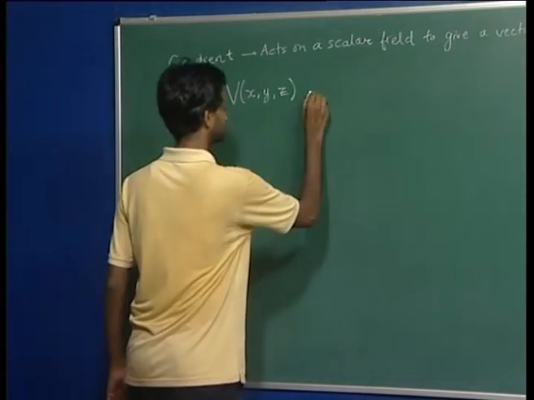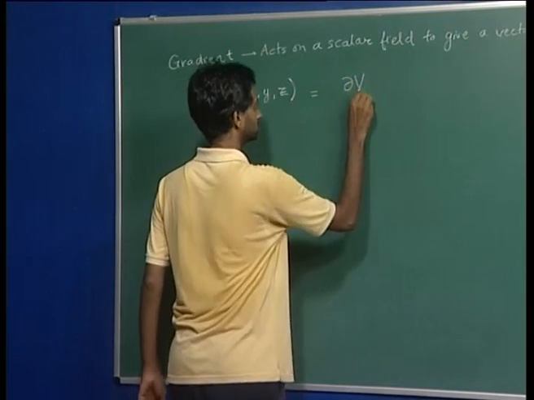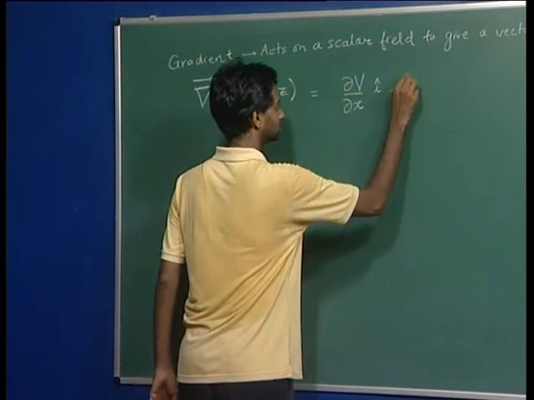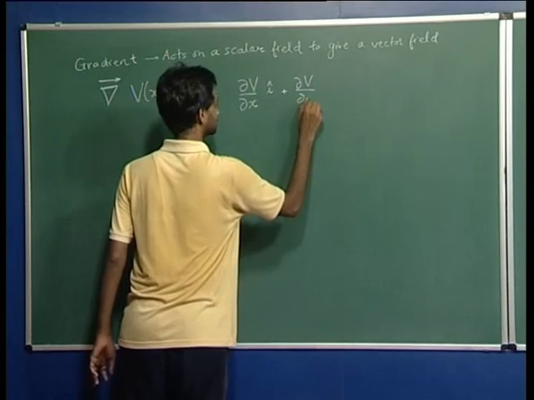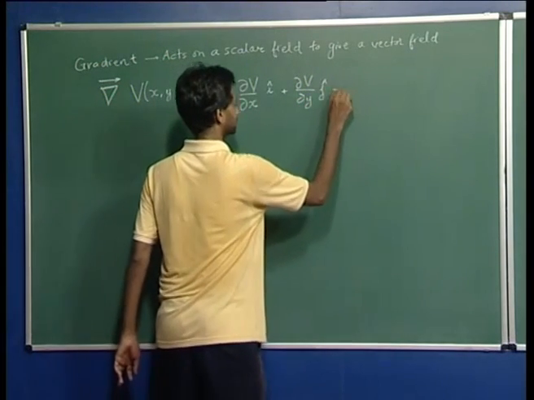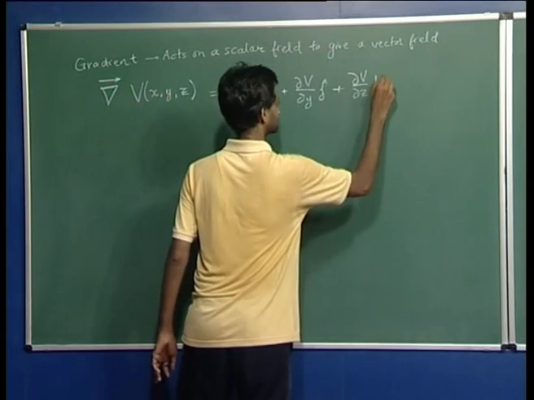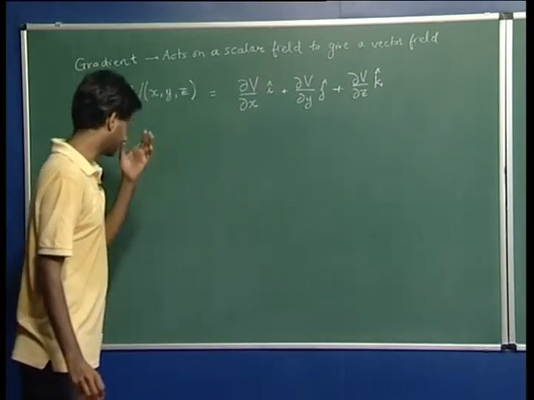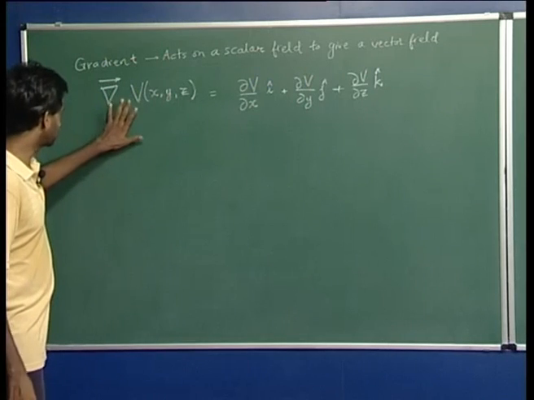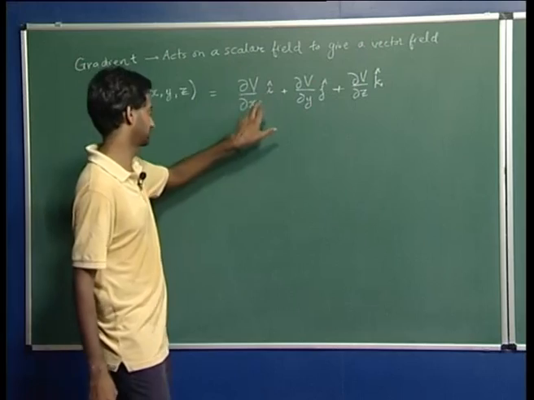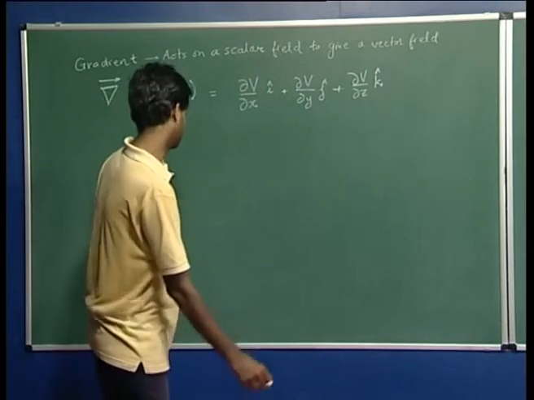The gradient of V is defined as the vector of partial derivatives of V with respect to x, y, and z. Okay. So, here we have the gradient. It operates on a scalar field to give a vector field. So, what you get is a vector.